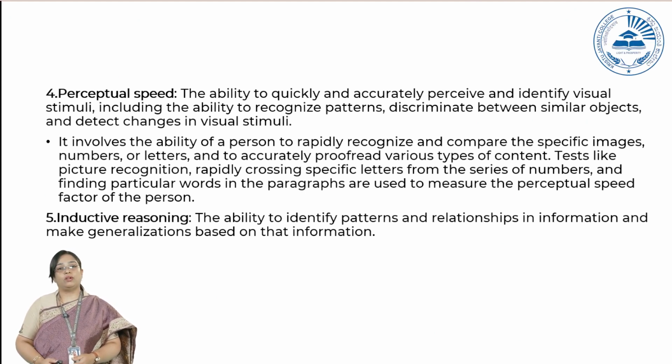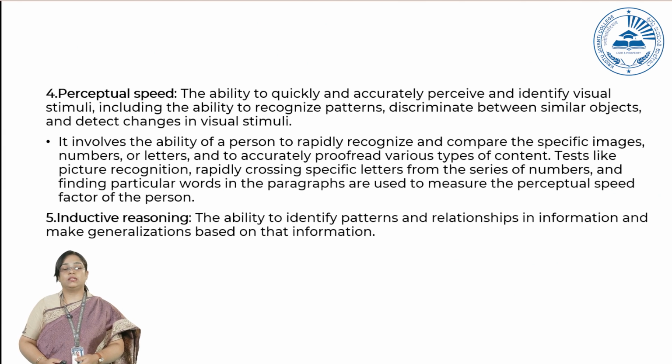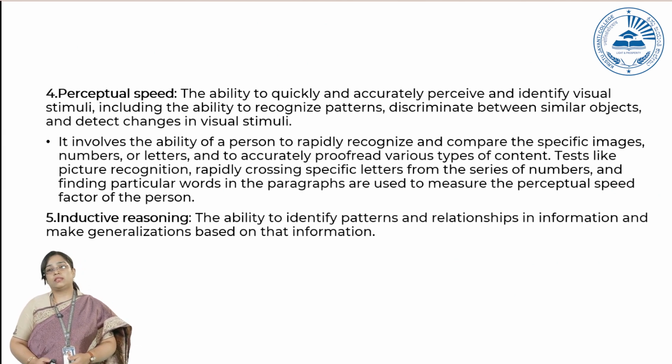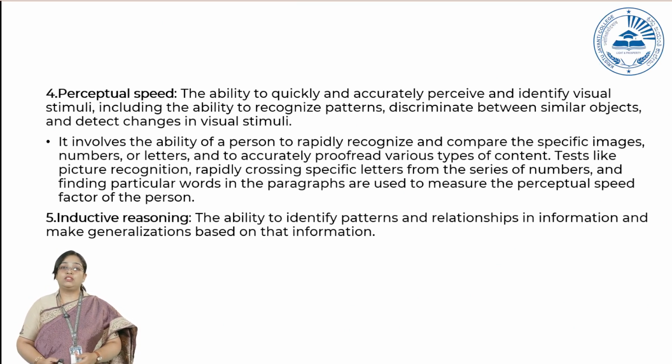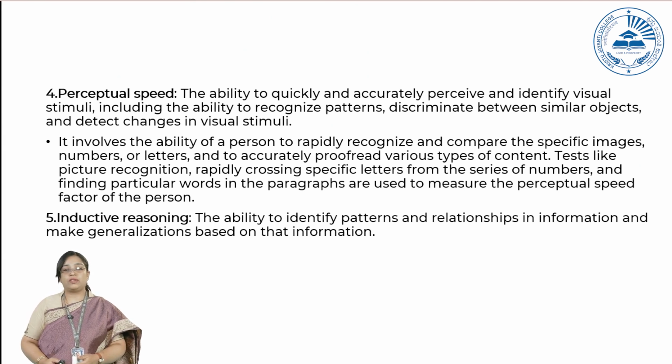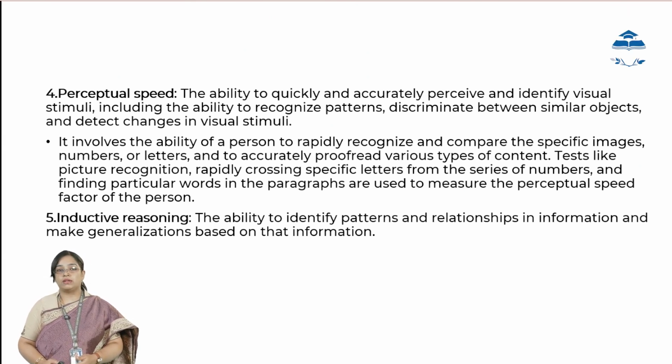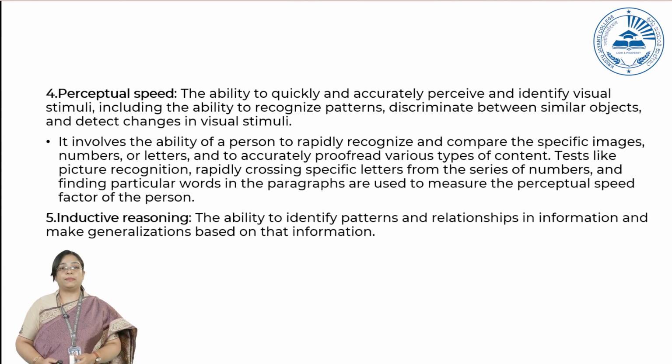It also involves the ability of the person to rapidly recognize and compare specific images, numbers, or letters, and to accurately proofread various types of content. Tests like picture completion, rapidly crossing specific letters from a series of numbers, and finding particular words in paragraphs are used to measure the perceptual speed factor of the individual.